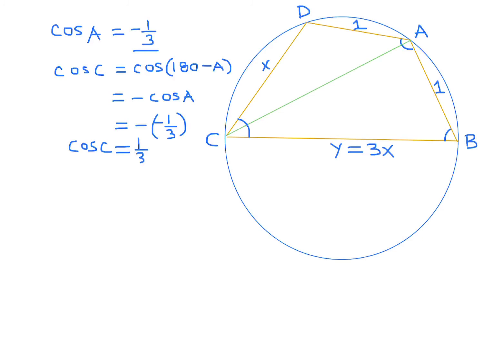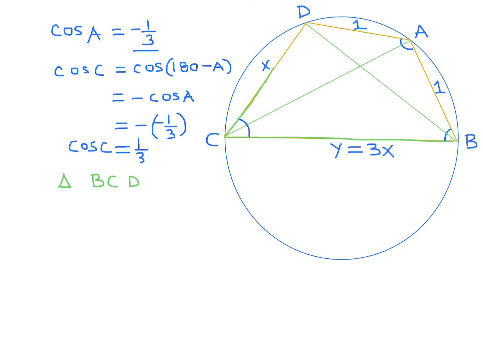So does that help us? Well, you stare at this and you wonder, I don't know if it helps me or not. But what if I drew a line from B to D, like that? And then I told you, look at the triangle BCD.